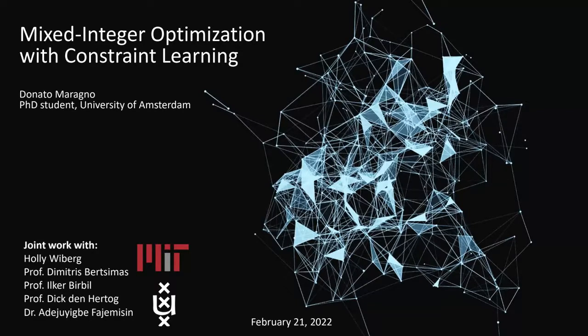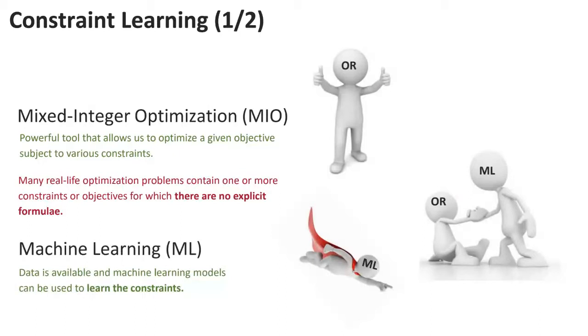Before I go into constraint learning, first of all, I would like to mention briefly what mixed integer optimization is, even if I assume that most of you know what it is. It's a powerful tool to optimize a given objective function subject to some constraints.